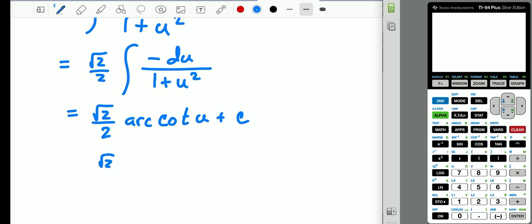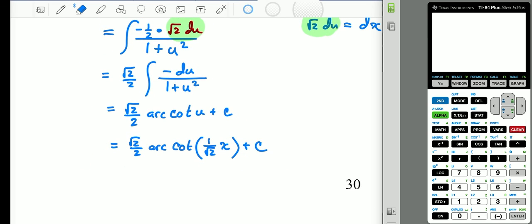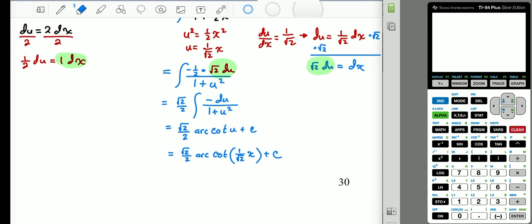So radical 2 over 2 arc cotangent of 1 over radical 2 x plus c would be our antiderivative. Let's make that look more u-like. All right, and so there it is.